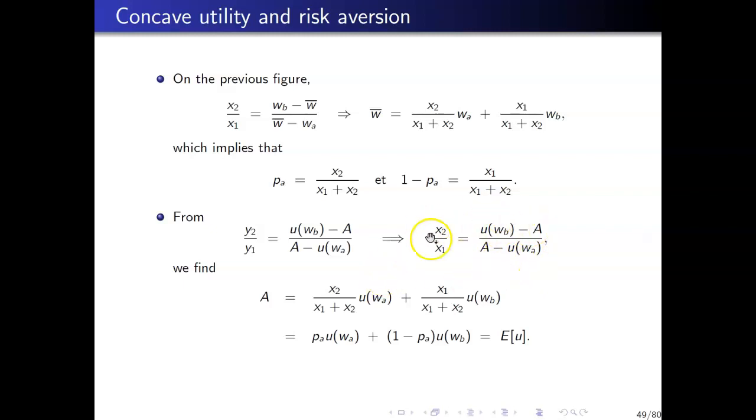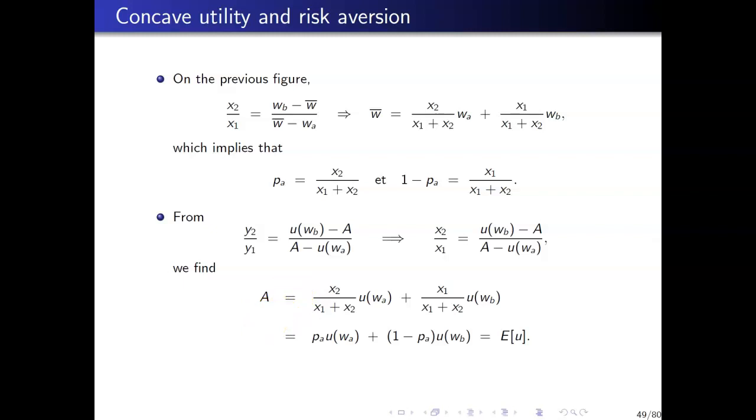Which means that if we rearrange this equation, we obtain A is equal to x2 over x1 plus x2 times u of A, plus x1 over x1 plus x2 times u of B. But we have shown earlier that this term here is PA, and this term here is 1 minus PA, meaning that A is equal to expected utility.